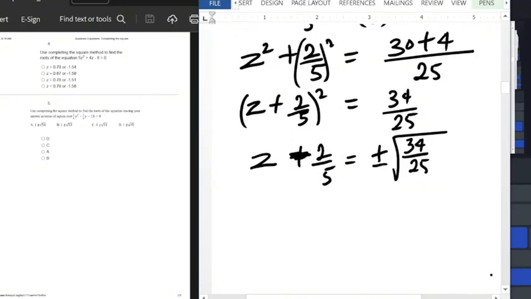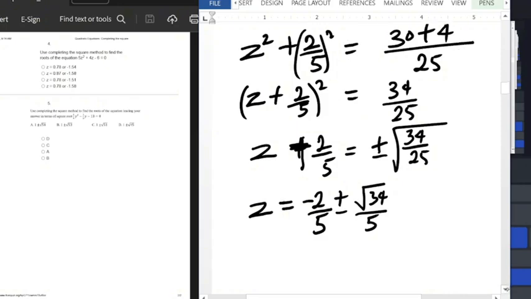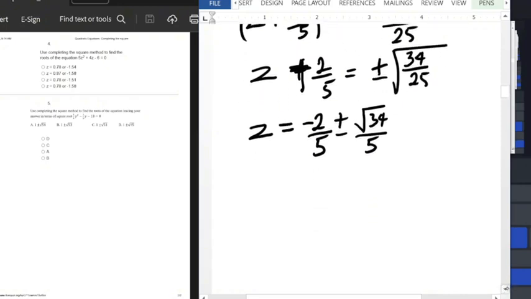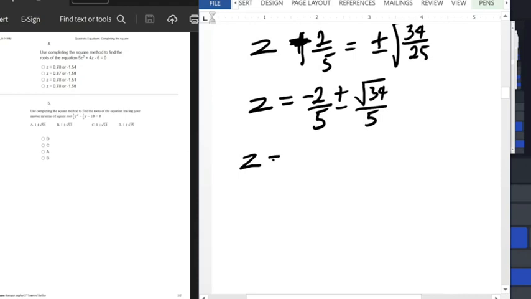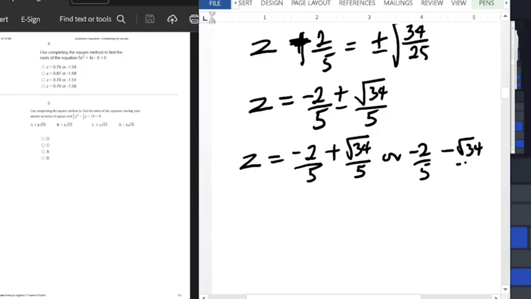So z will then be equal to minus 2 over 5, because this is plus, it turns to minus 2 over 5, plus or minus the square root of 34 over the square root of 25, which is 5. So we can conclude that z is equal to minus 2 over 5 plus square root of 34 over 5, or minus 2 over 5 minus square root of 34 over 5.